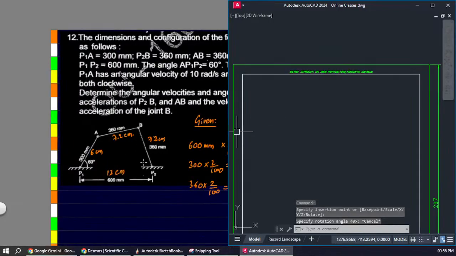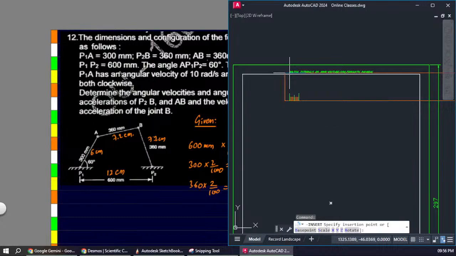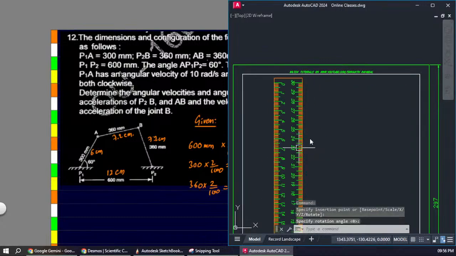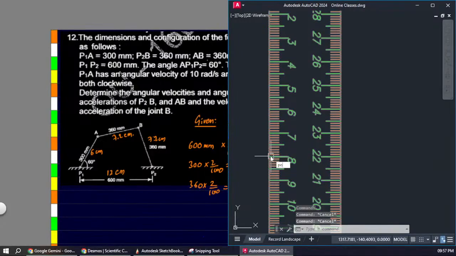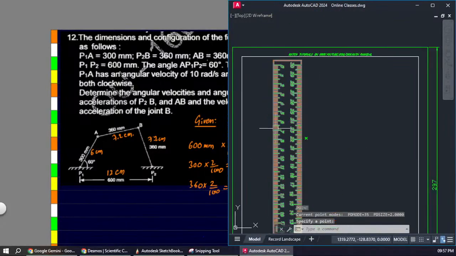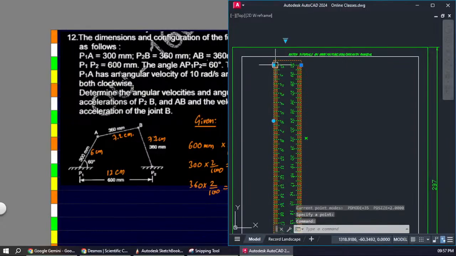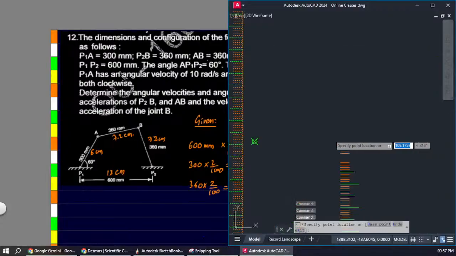This time we will need above a distance of 7.2, and so let's take a scale and take a downward distance of 7.2. So somewhere here at this point we can start drawing. Okay, so let's take a reference point somewhere here. It has to be more than 7.2 because we will get the diagram above this.